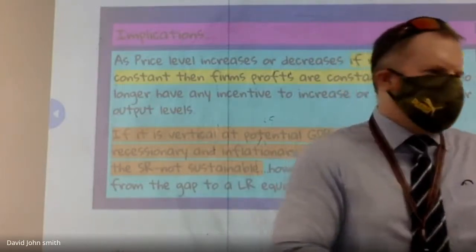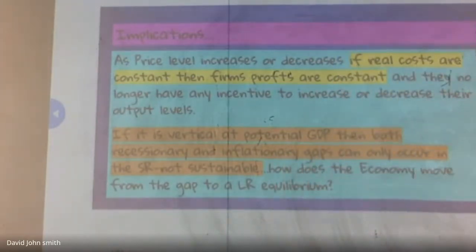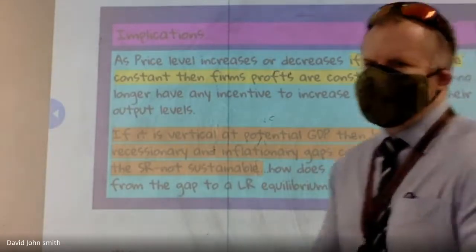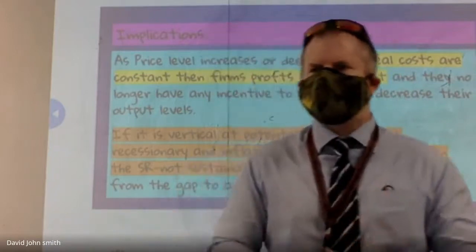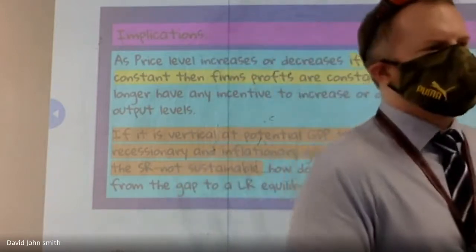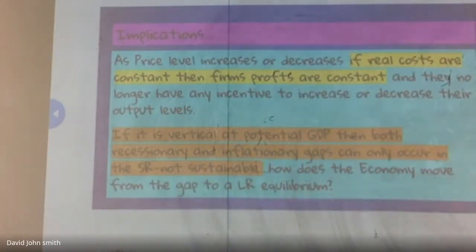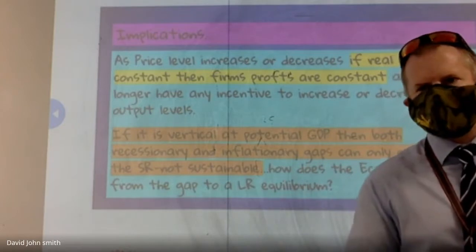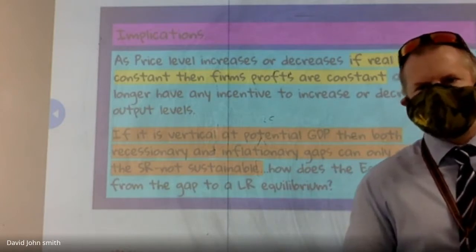But in Japan, a number of years ago, they experienced something called deflation, which we're going to do a bit more work on. But it wasn't for a short period of time. In fact, deflation in Japan lasted for over 10 years.